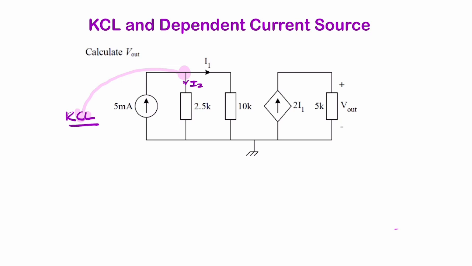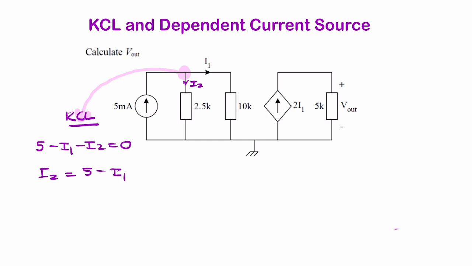So, dealing in milliamps, it'll be 5 minus I1 minus I2 equals 0. That looks nicer as I2 equals 5 minus I1.